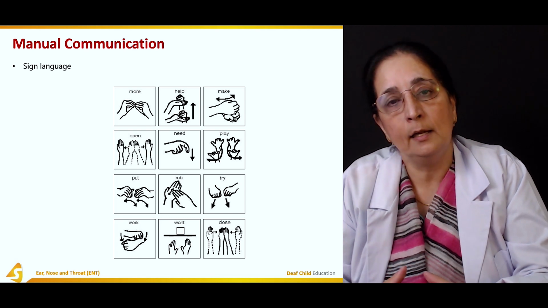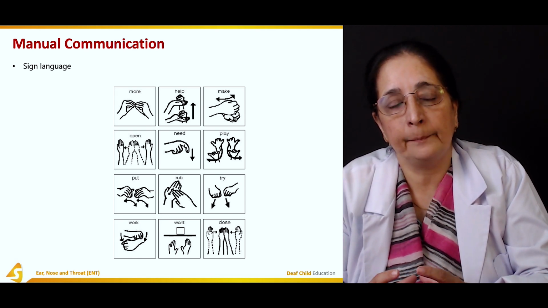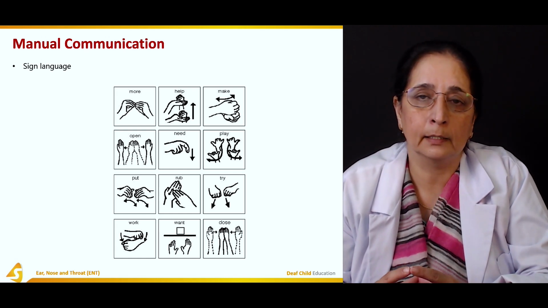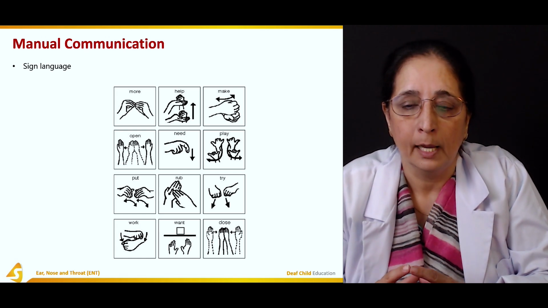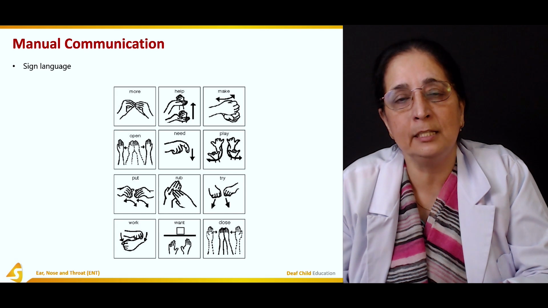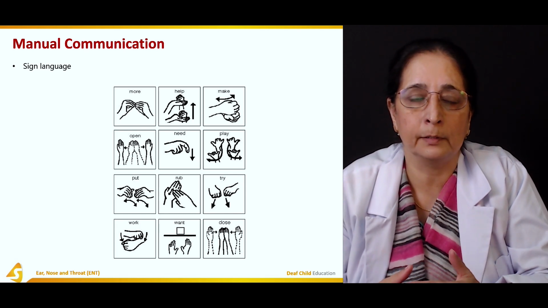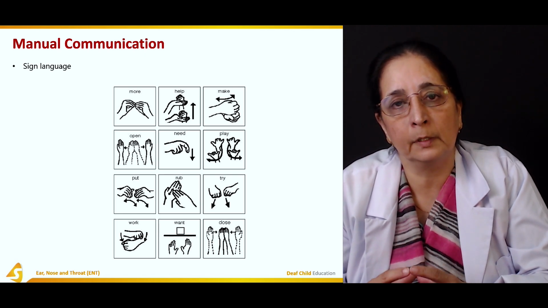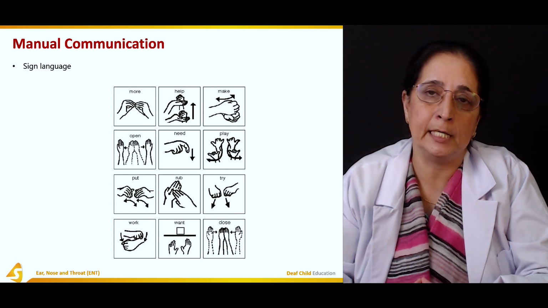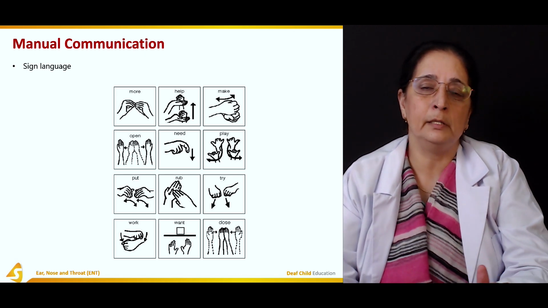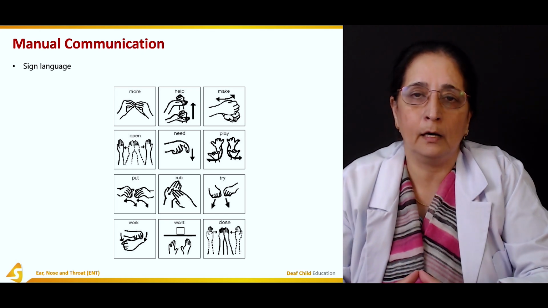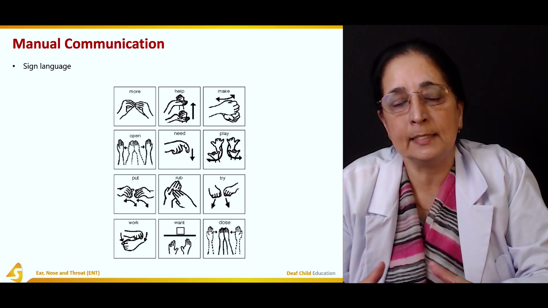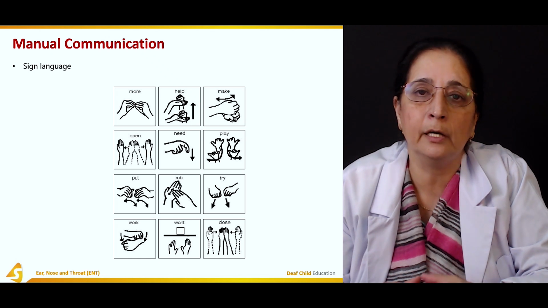Their siblings learn this sign language, and this can help the deaf child to grow better and accommodate better in the world. We cannot leave these deaf children unlearned and not fully accommodated in society, because as we discussed in the first two sections, there are so many risk factors that can lead to deafness, and then we have so many syndromes associated with deafness.